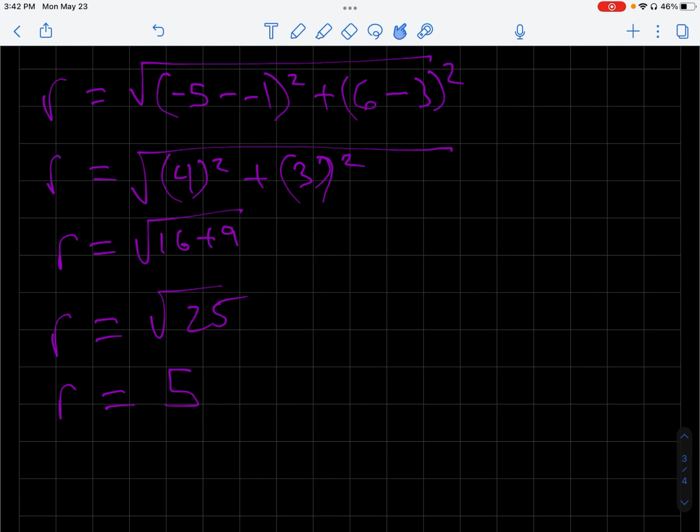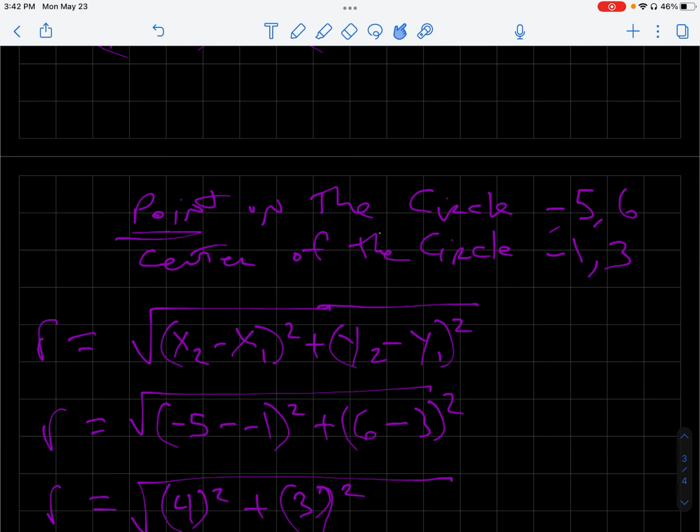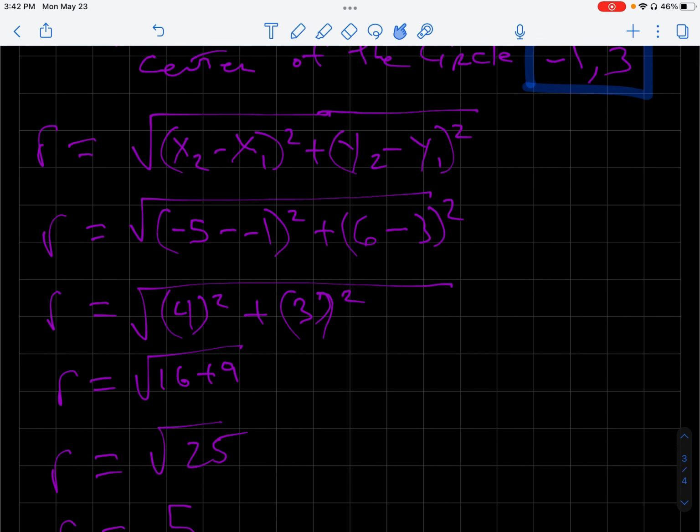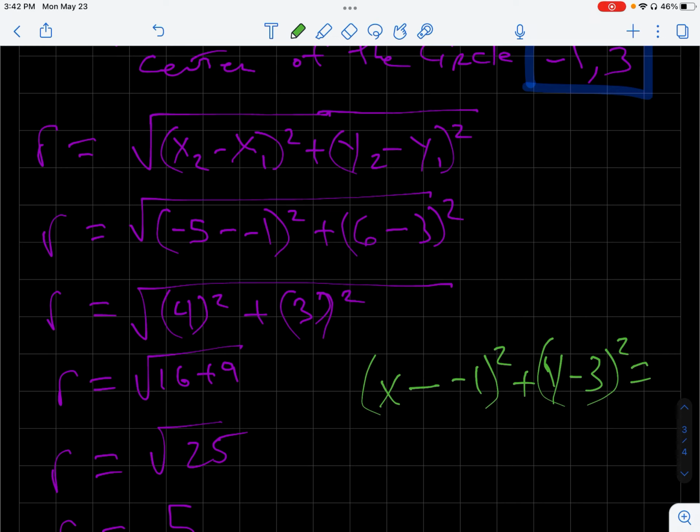So let's go back to green, come back up here. We know that r equals 5, and we have our center point, so let's write our equation for the circle. It's going to be x minus a minus 1 squared plus y minus 3 squared equals r squared, or 5 squared.